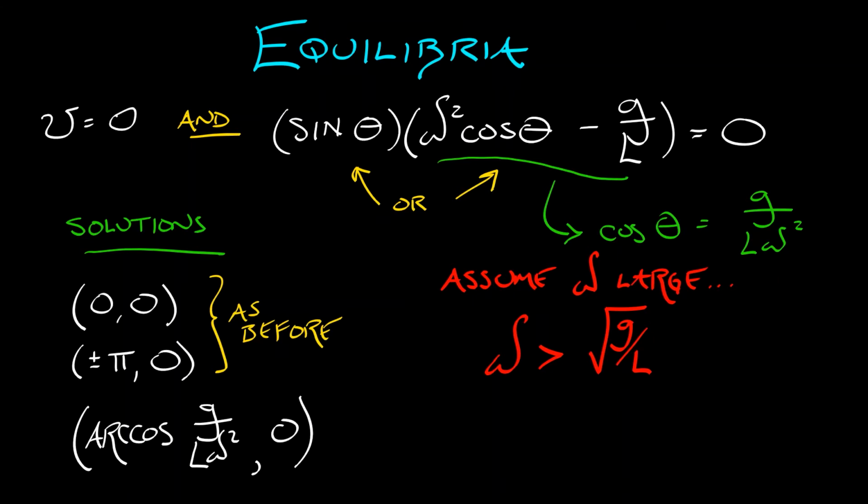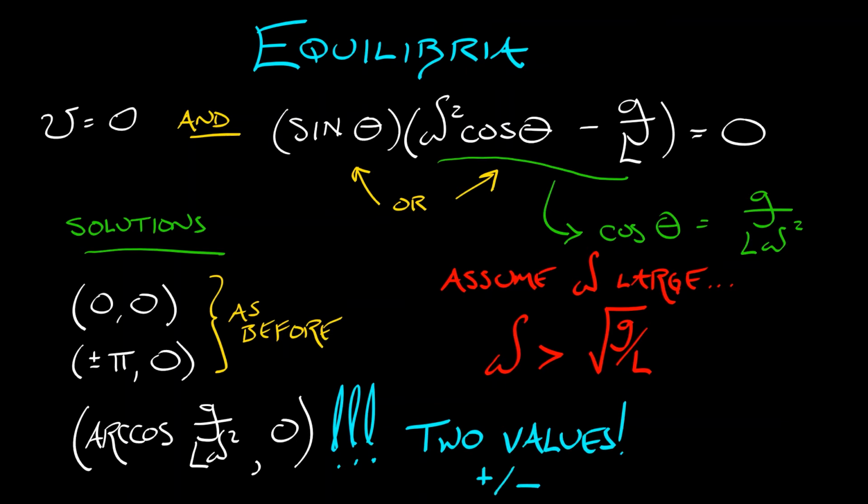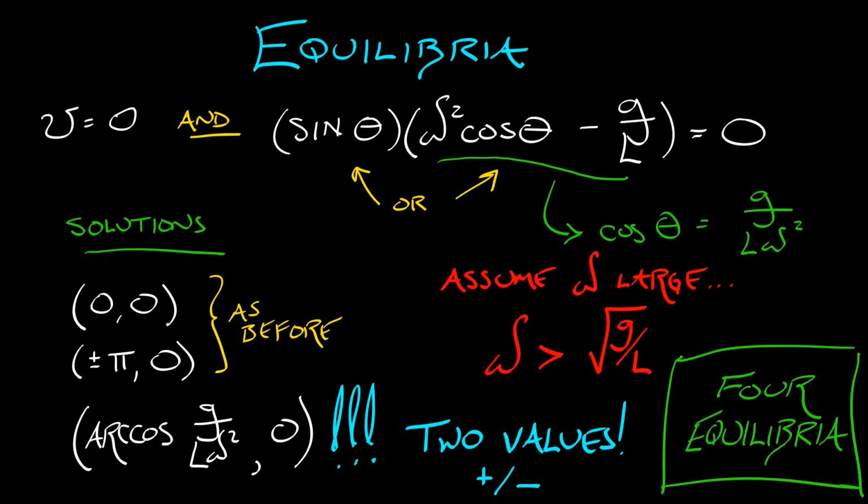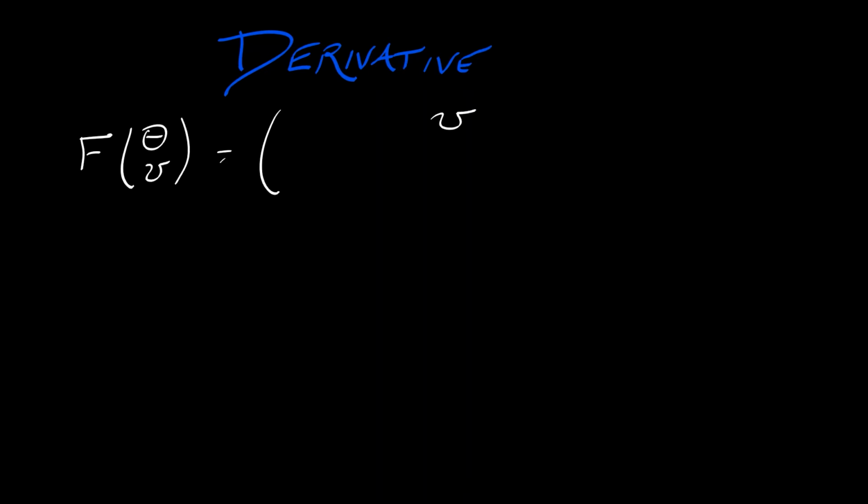Now, here's where you've got to be really careful, because arc cosine is really going to take on two values, one positive and one negative. This is going to lead us to a case where we have 4 equilibria in this system. Our next step is to compute the derivative. Looking at the right-hand side, f of theta and v, we can compute the derivative as follows.